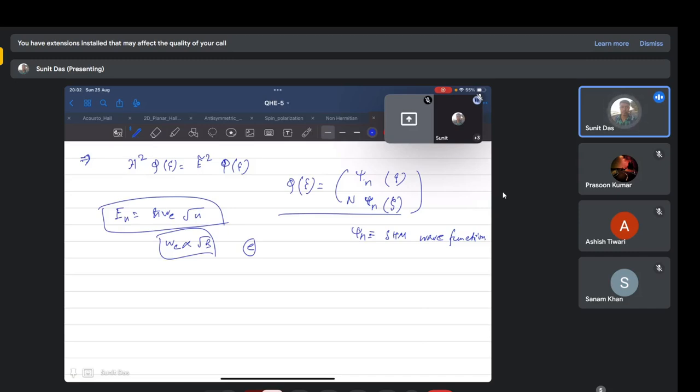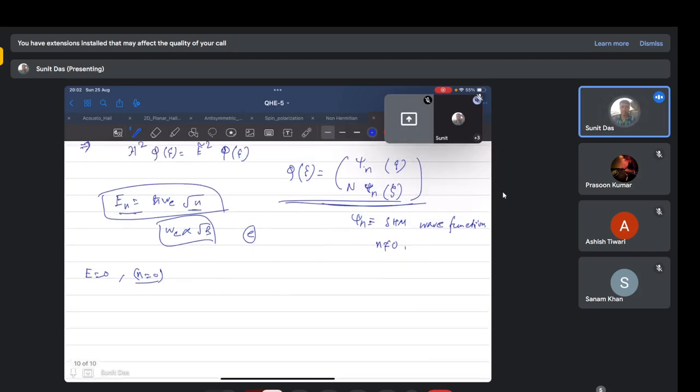What is interesting about this solution is that this type of wave function is valid when n is not equal to 0. Now for the case where n equals 0, you will have energy also 0.